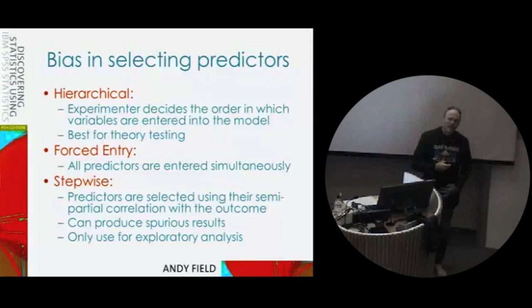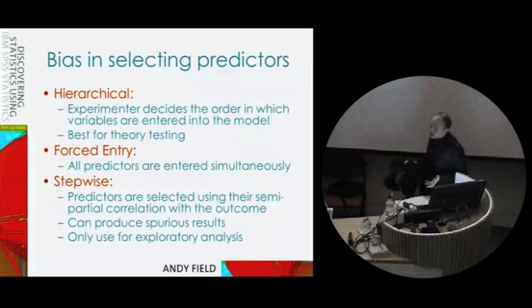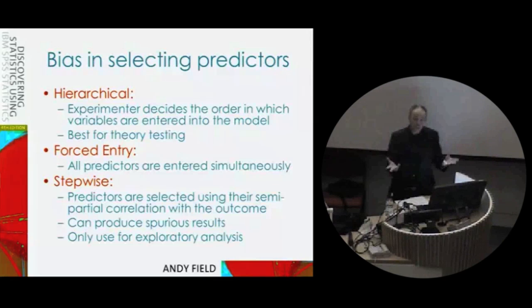So maybe there's only a really small difference between whether my t-shirt was a good new predictor to put in, or whether my jacket was a good new predictor to go in. And all SPSS does is it just looks at the numbers.